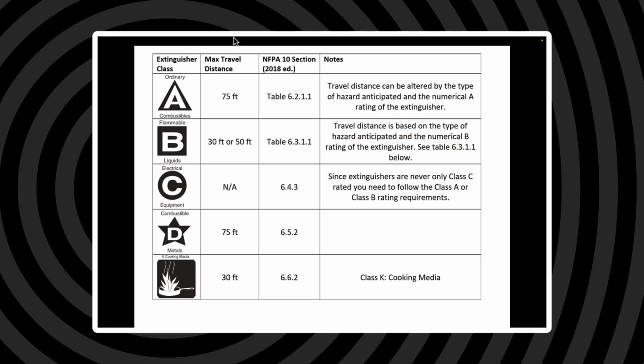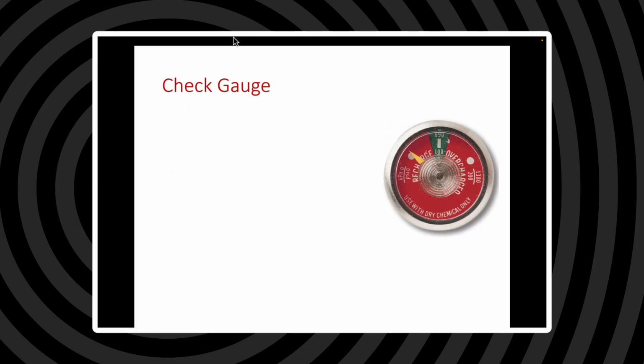Extinguishers need to be placed at certain distances to minimize the travel. For Class A fires, the maximum travel is 75 feet. For Class B flammable liquid fires, it could be anywhere from 30 to 50 feet. This should all be done by someone who is qualified to place these extinguishers.